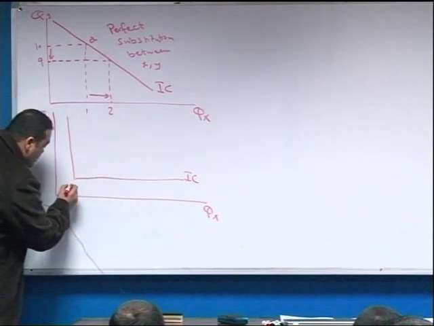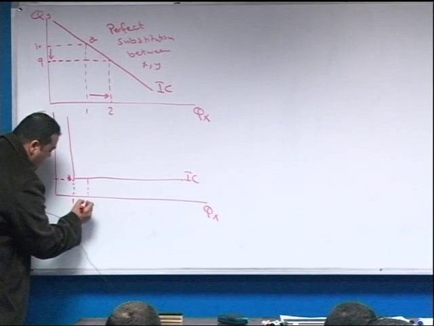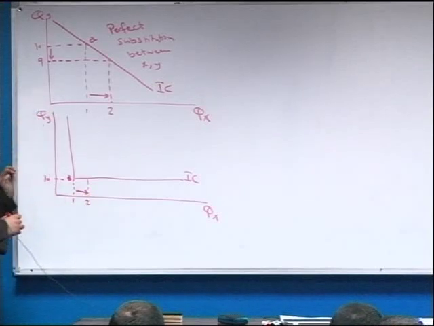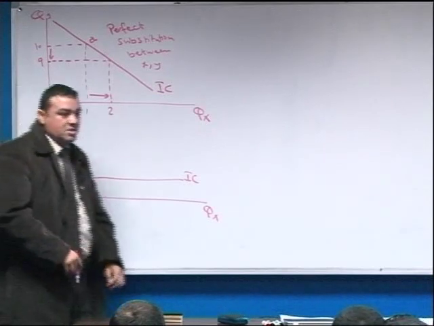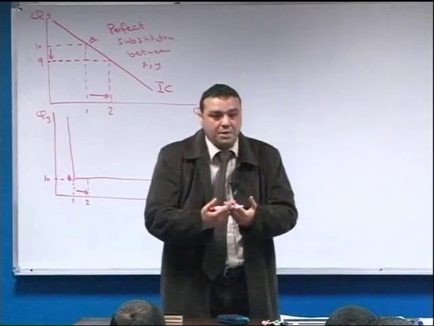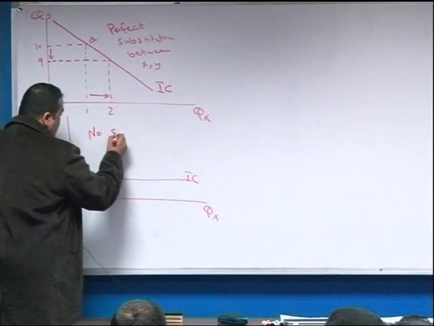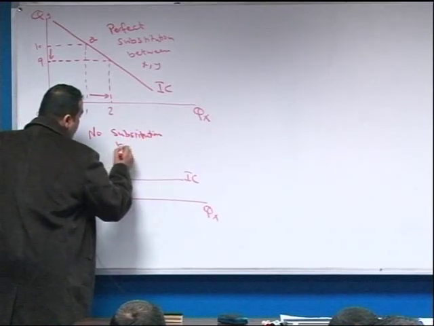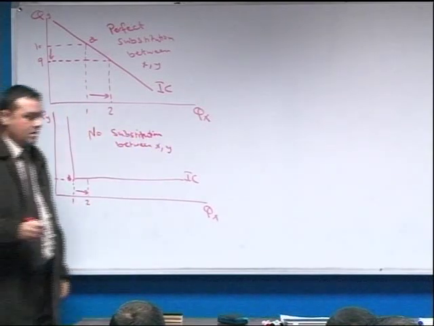Suppose that we were at point A and the consumer decided to increase his consumption of X by 1 unit. There is no change in the quantity consumed of Y. So in this case, there is no relationship. There is no substitution between the goods X and Y. Right? Okay.